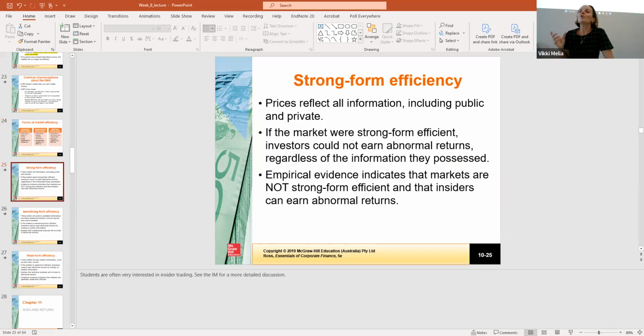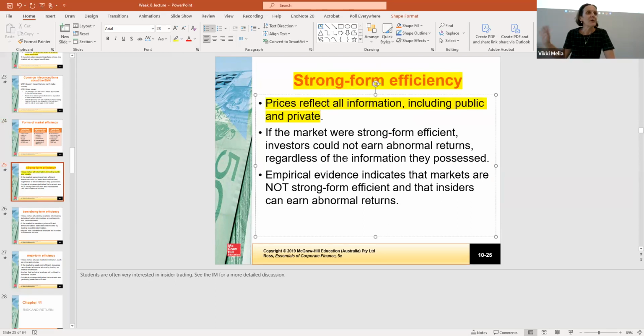With a strong form efficient market, asset prices reflect all information, public and private information.